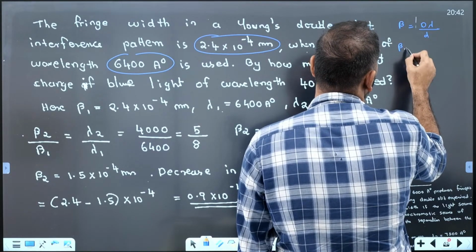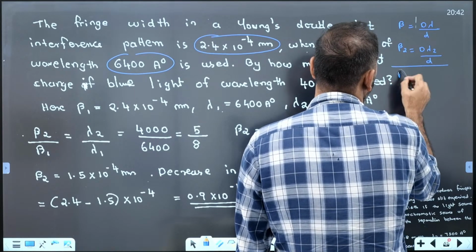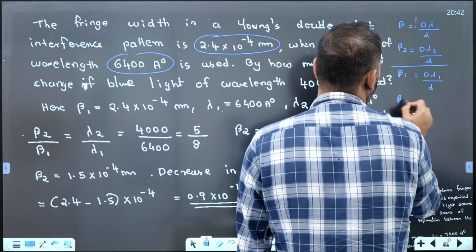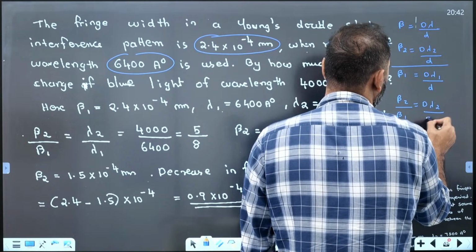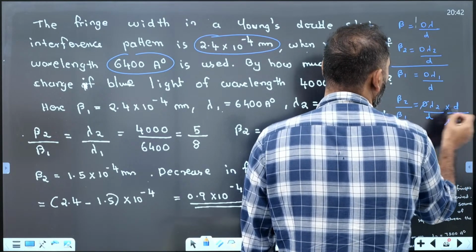So beta 2 is D lambda 2 by d, divided by beta 1, which is D lambda 1 by d. So beta 2 by beta 1 is equal to D lambda 2 by d into d by D lambda 1. D gone, d gone.